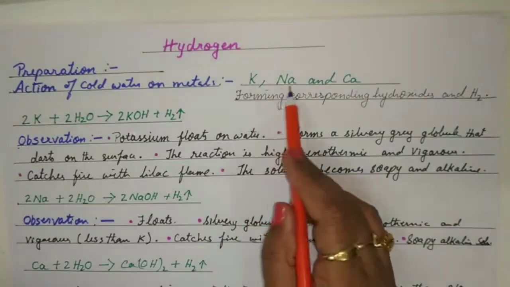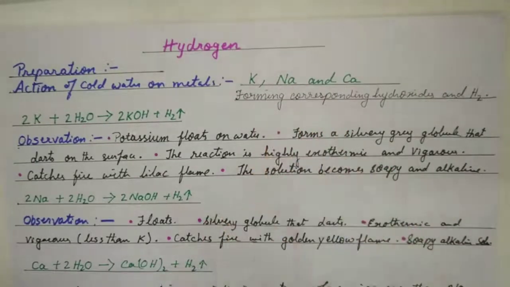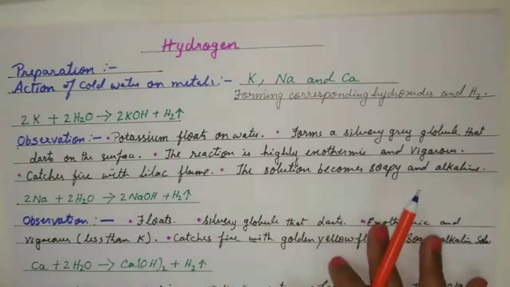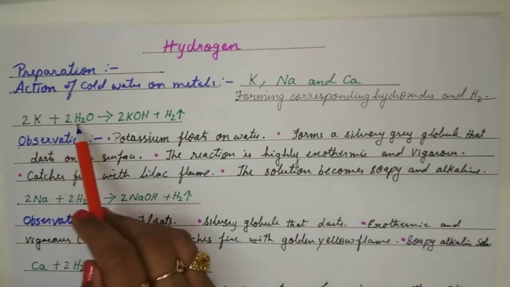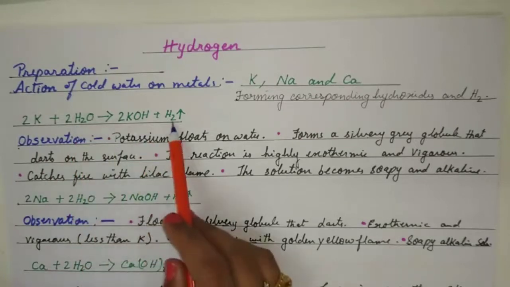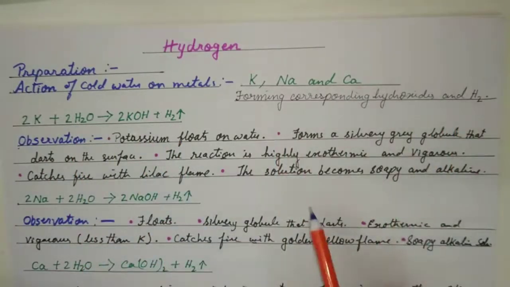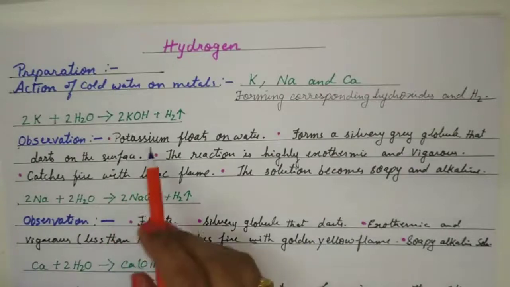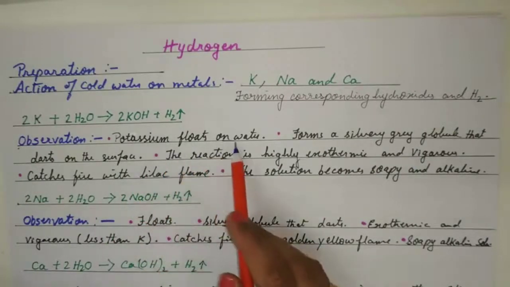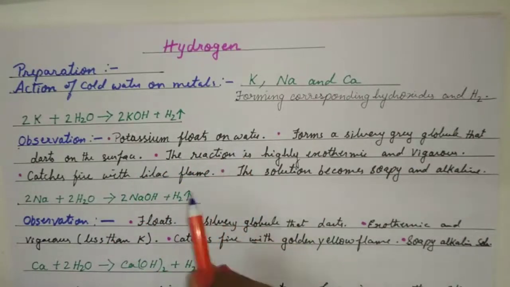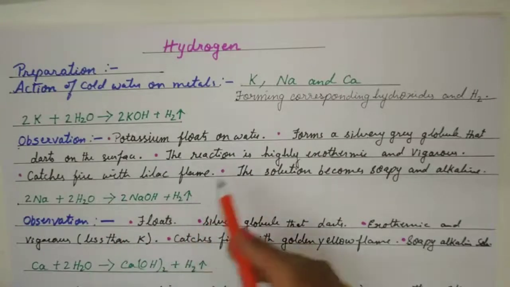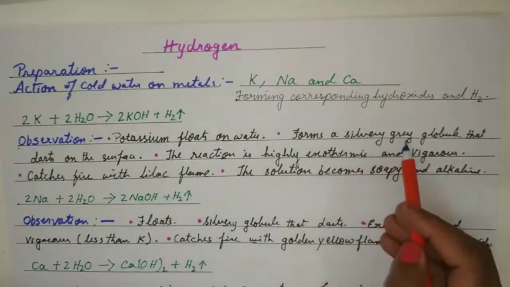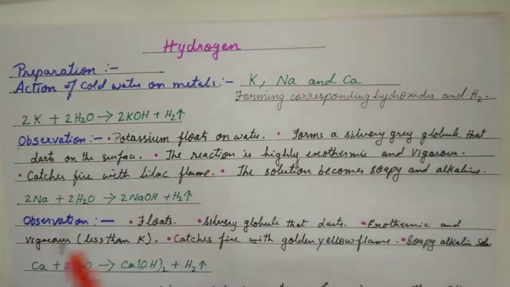When we do the reactions individually, we also talk about the observation here, because it is important, children. So the first thing is potassium reacting with water will give you potassium hydroxide and hydrogen as discussed here. What do you observe? See, potassium is light, so it will float on water. But again, potassium is very reactive, so it will form a silvery grey globule which will dart on the surface.